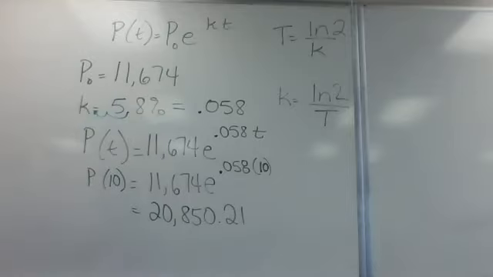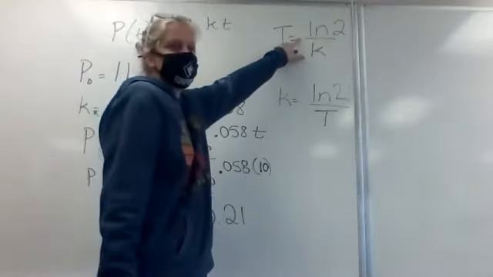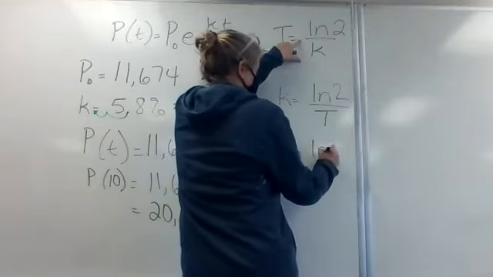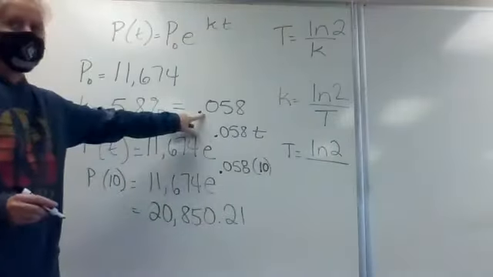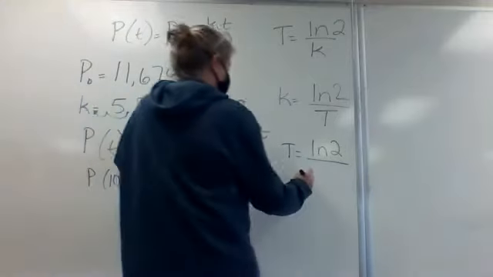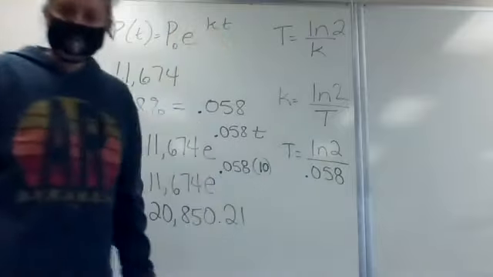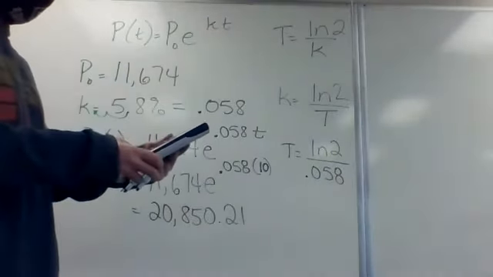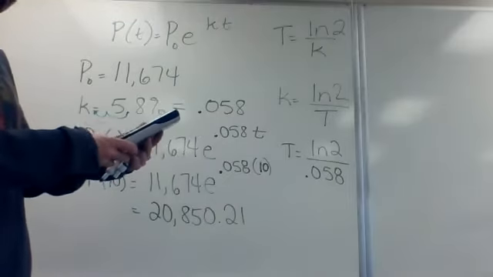Then the last part of this says the doubling time. How long is it going to take it to double? Doubling time is ln of 2 over your k, which is your rate, which is 0.058. We're rounding this to 1 decimal, so ln of 2, close that parenthesis, divide it by 0.058.